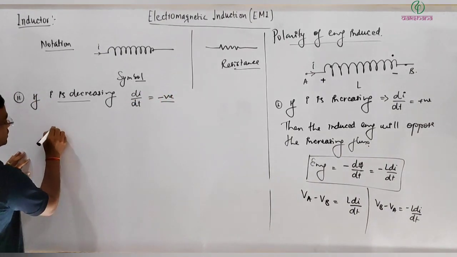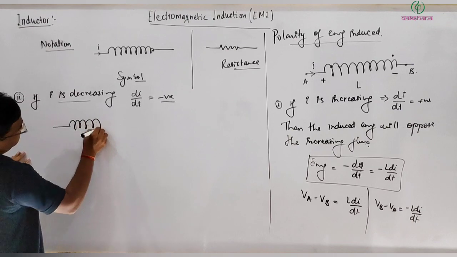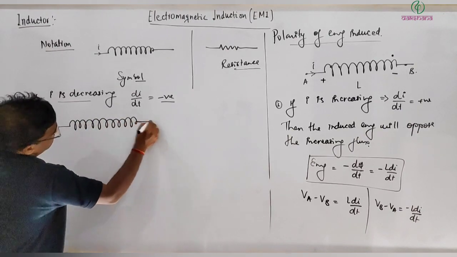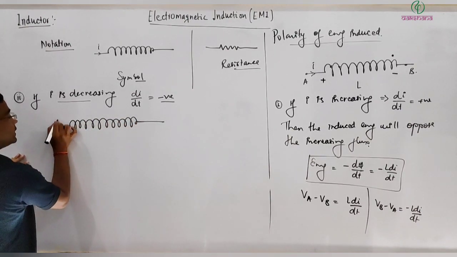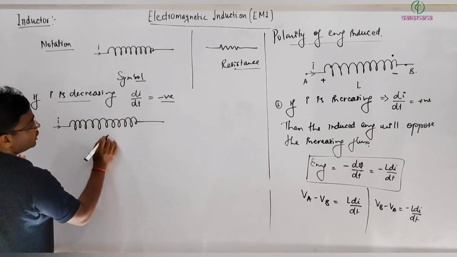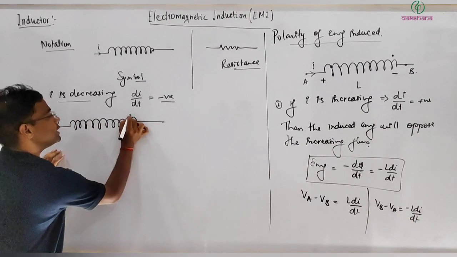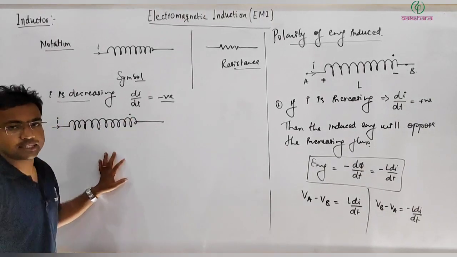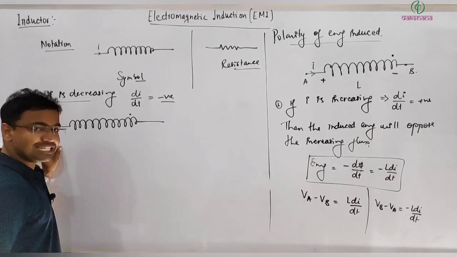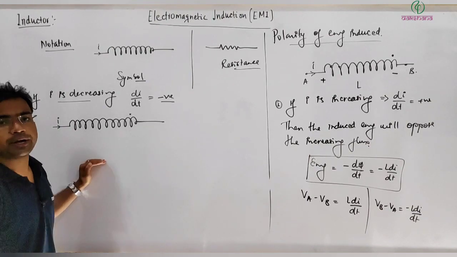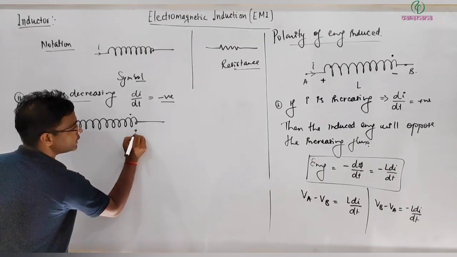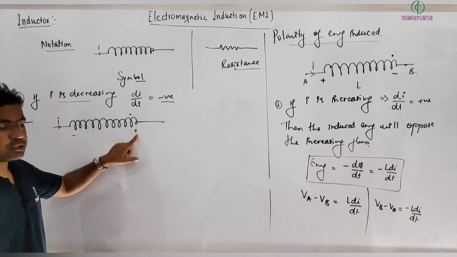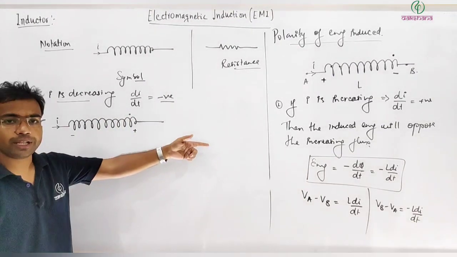Clear? So in this situation, again this is my inductor, right? Here current I is going and it's decreasing. So now what will happen? Again, it's going this way, creating magnetic field, magnetic flux in the right direction. Now current is decreasing, so it will try to create more current. Understanding? So it will try to flow current more in this direction.